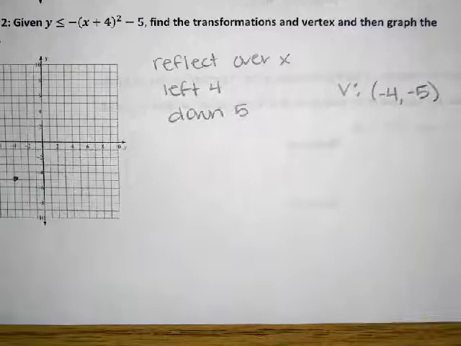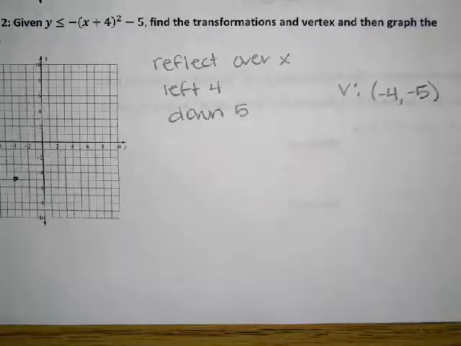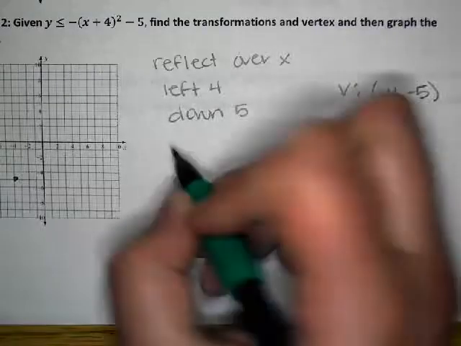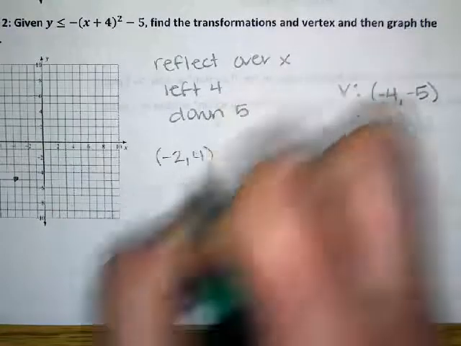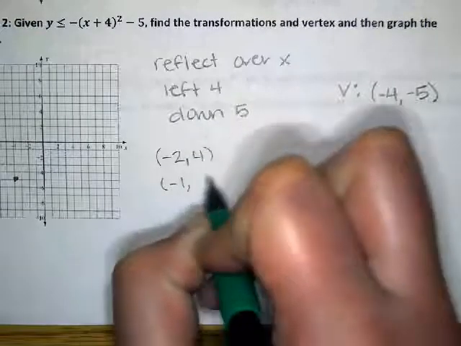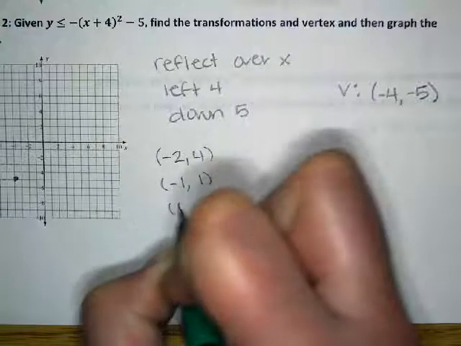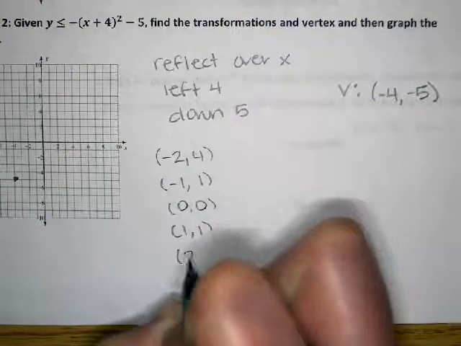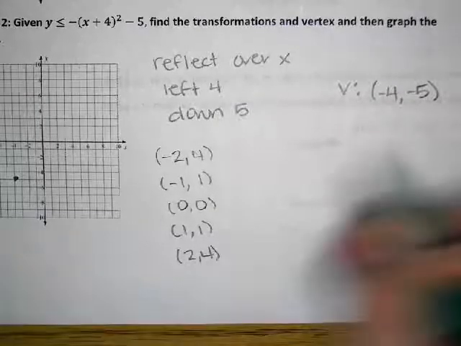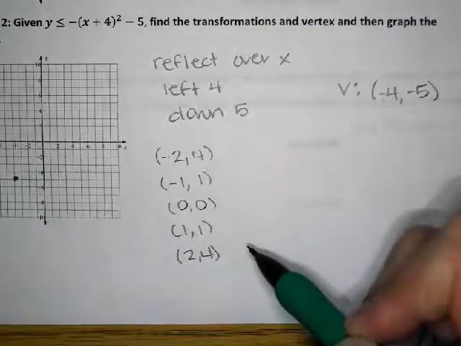Okay. And the points for a quadratic are very similar to the points for an absolute value graph, just slightly different. So we've got -2, 4, and then -1, 1, 0, 0, 1, 1, and then 2, 4. And you don't have to memorize these.